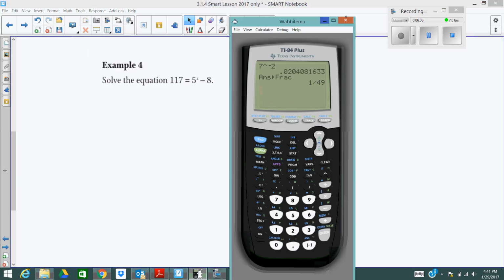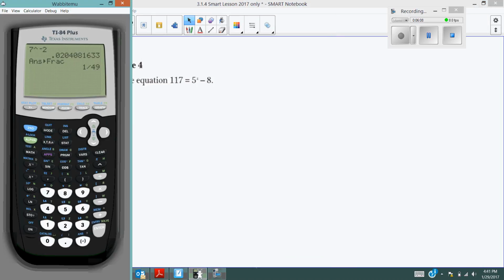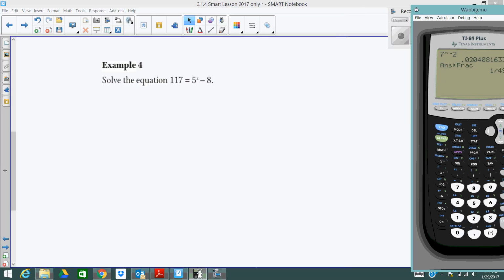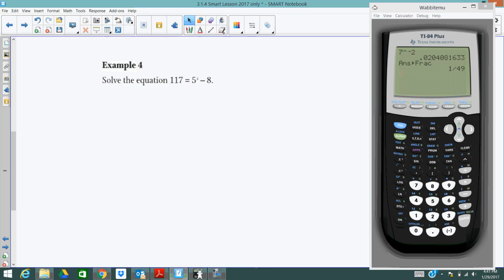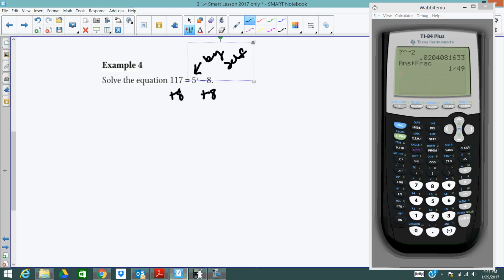And finally, there are examples like example 4. The difference with example 4 is that we have to first isolate the exponent before we can actually solve. So I have to first get this 5 to the x power by itself. I need to first get rid of the subtracting 8 by adding 8.